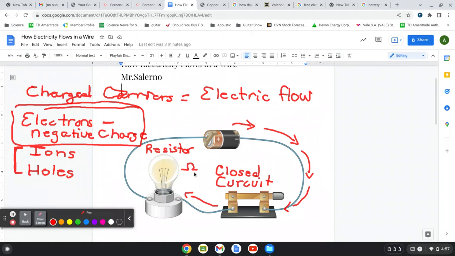That's the symbol for ohms, the Greek omega sign. So basically at the resistor, they're just slowing down, causing heat. And of course, they'll flow back to the positive side of the terminal. We'll talk about how batteries work and how they're made in another video. So let's concentrate more on how this flow is happening.